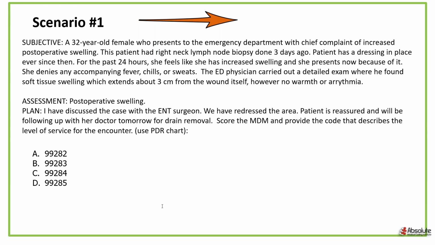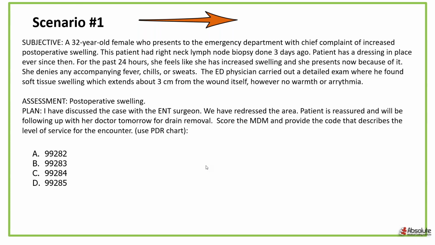Subjective. A 32-year-old female presents to the emergency department with a chief complaint of increased post-operative swelling. This patient had a right neck lymph node biopsy done 3 days ago. Patient has had a dressing in place ever since then. For the past 24 hours, she feels like she has increased swelling and she presents now because of it.